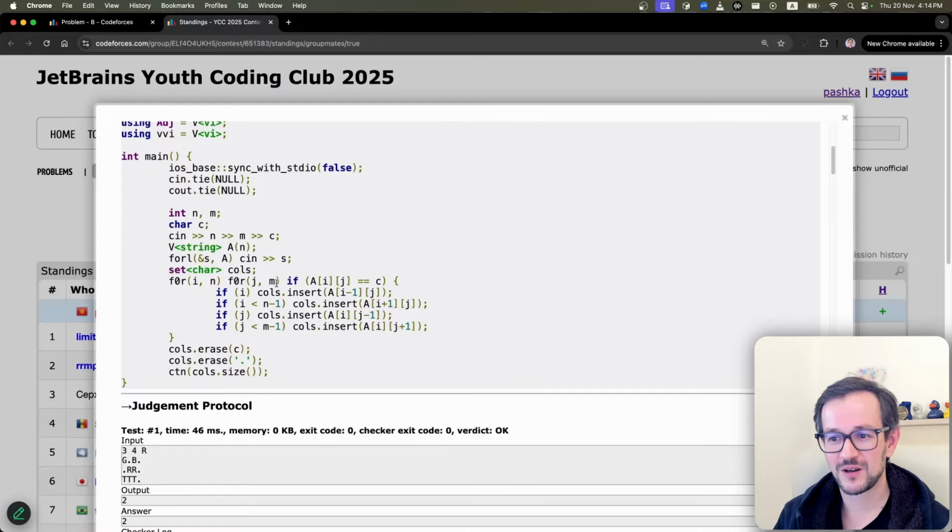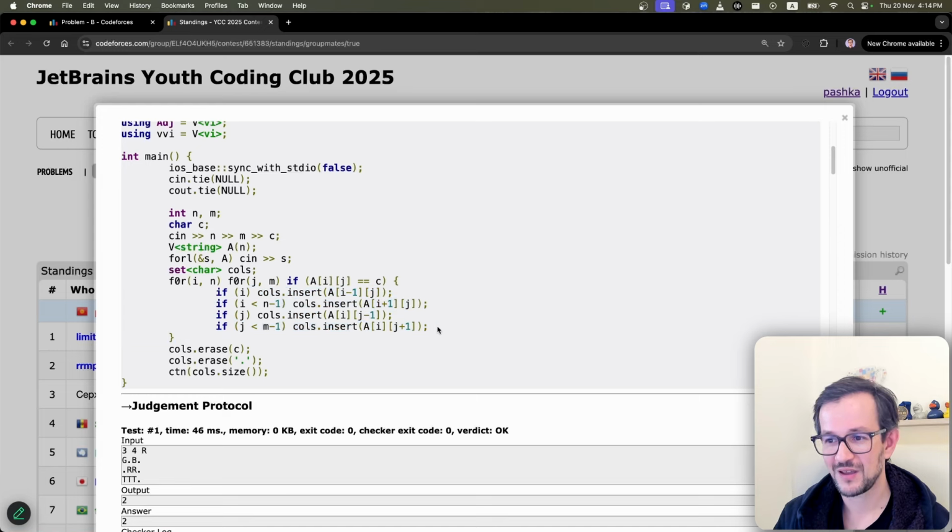So you check over all pairs, not to n minus 1, but just to n, m. And here, if you find a cell of the target color, so this is the color I'm looking for, I look at 4 neighbors of this cell, just like this.